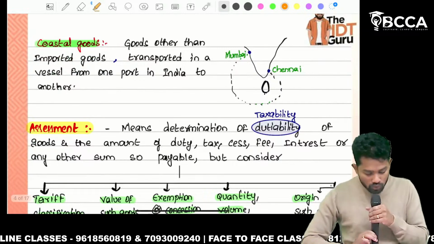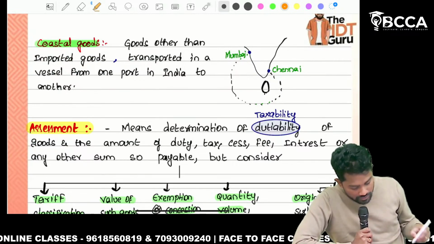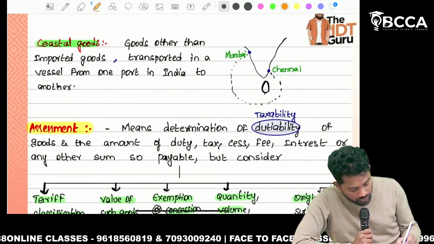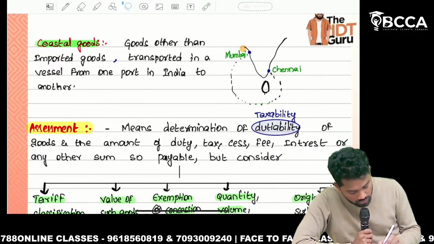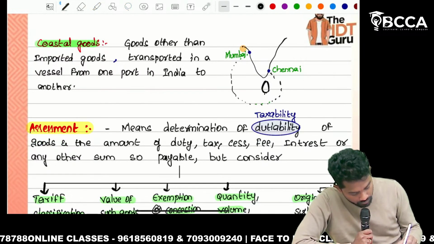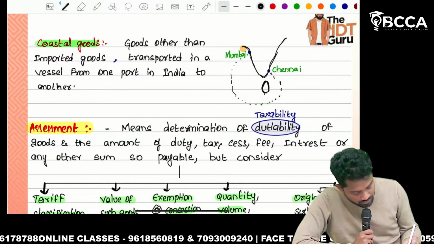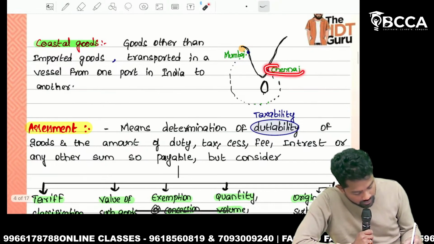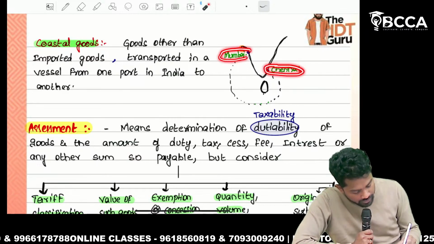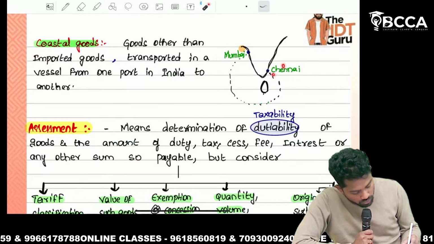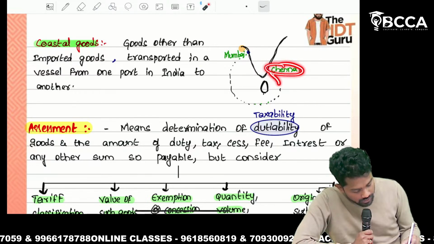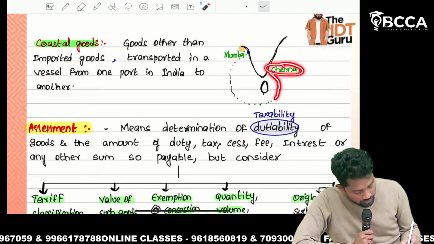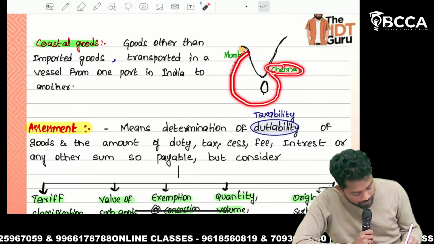Then coastal goods. You need to understand what is called coastal goods. If you see this is India, and on this side there is Chennai and here it is Mumbai. Goods start from Chennai in a vessel and go to Mumbai in a vessel.